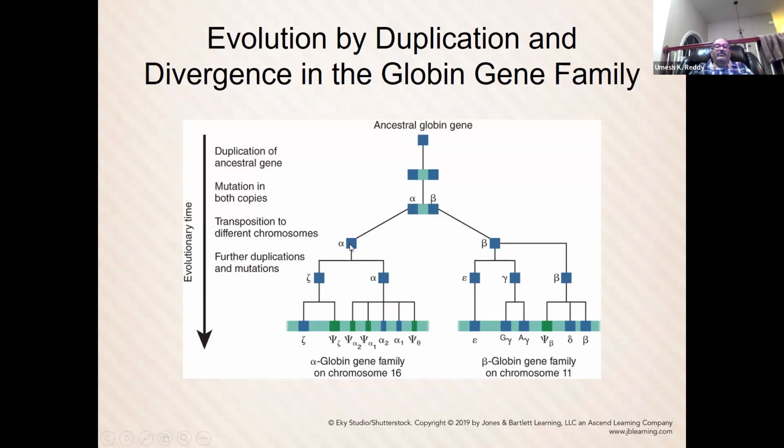They can move this gene to a different chromosome. So now this alpha gene, which moved to a different chromosome, is on chromosome 16. And this beta gene, which moved to a different chromosome, is on chromosome 11. So they are now on different chromosomes. But once upon a time, during evolutionary time, they were together.